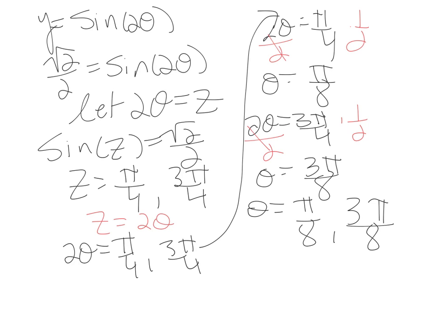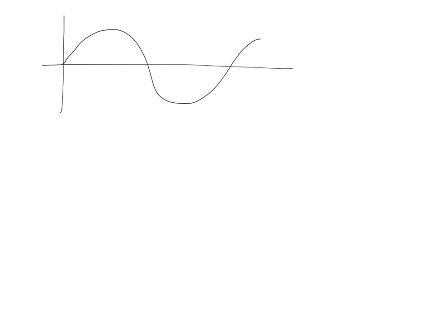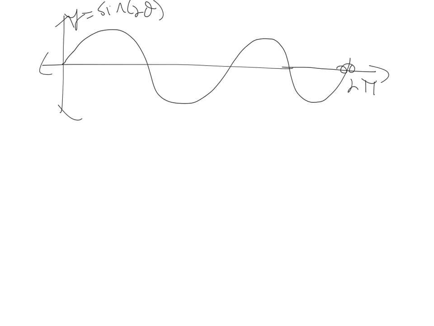So the question is, how do I find those 4 answers? Well, if you remember, if we go back to this graph, sine of 2 theta, let's take a look for where we're going to see these values.